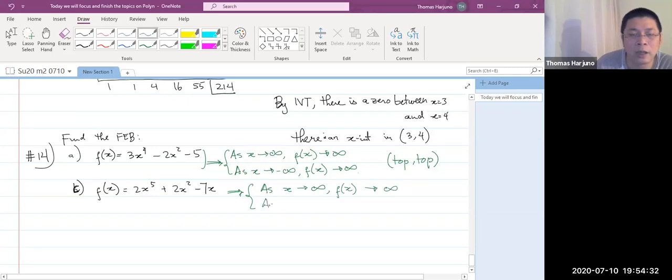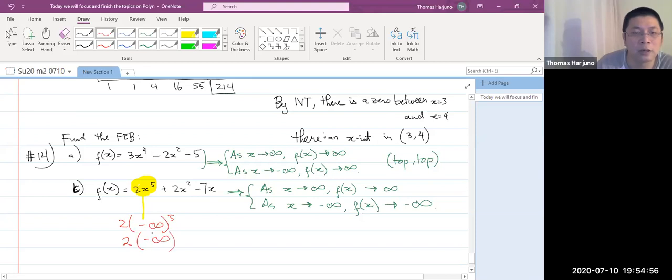And as x goes to negative infinity, f(x) will approach negative infinity. You can try plugging in negative infinity here. 2 times negative infinity to the 5th, that will be 2 times negative infinity. Negative to the 5th is negative, infinity is still infinity, and this will be negative infinity.